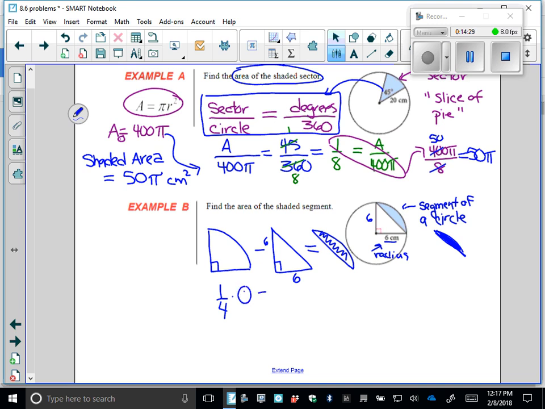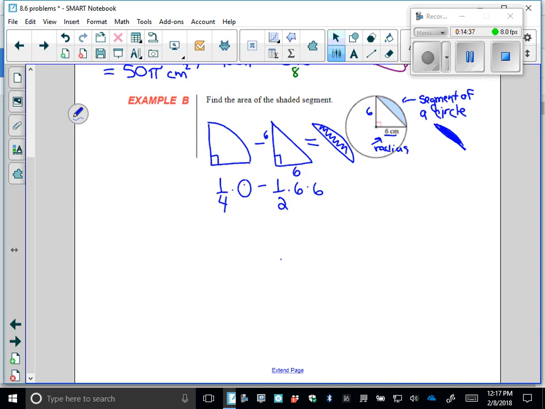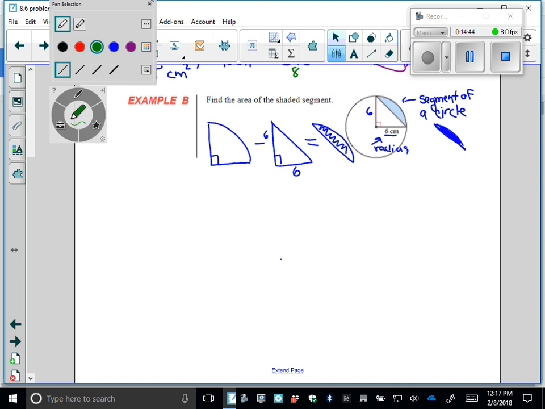And I'm going to subtract out 1/2 base times height for the triangle area. So let me try that one more time here. This is 1/4 of the circle, and you're going to subtract out the triangle.